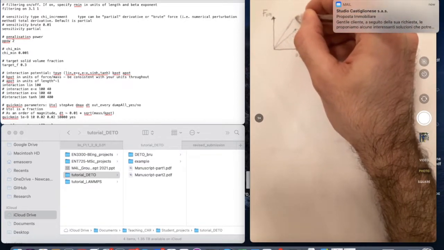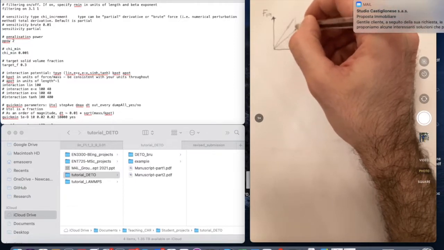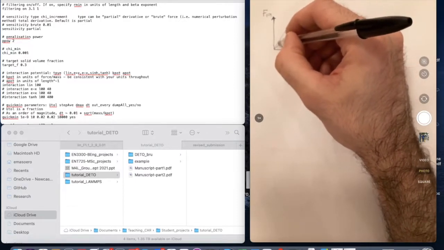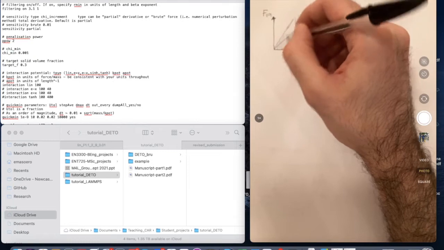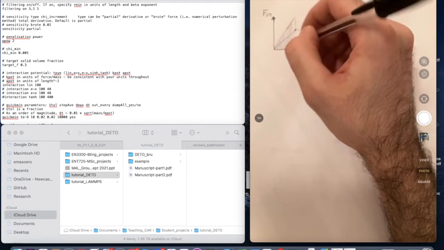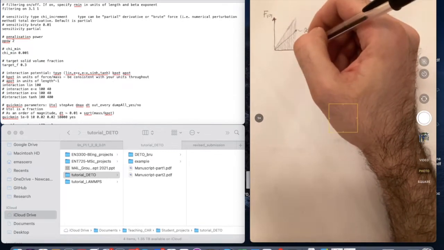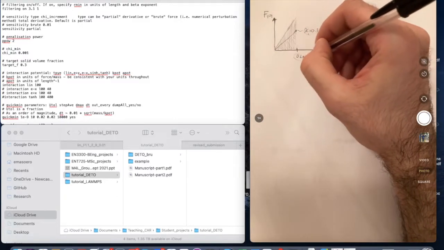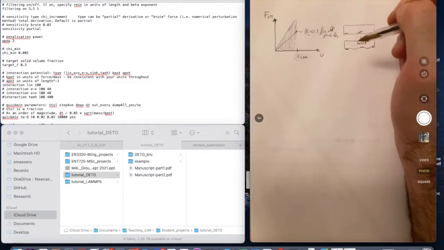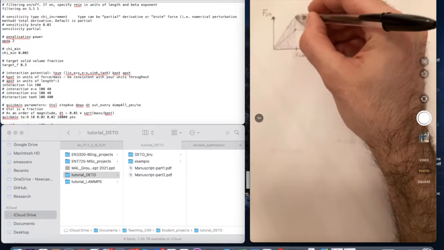If you do that, when you reach the same imposed displacement, then you will have a higher area. So you are effectively maximizing the area under the force displacement curve when you work with an imposed displacement. And here this is with a different distribution of Xi.